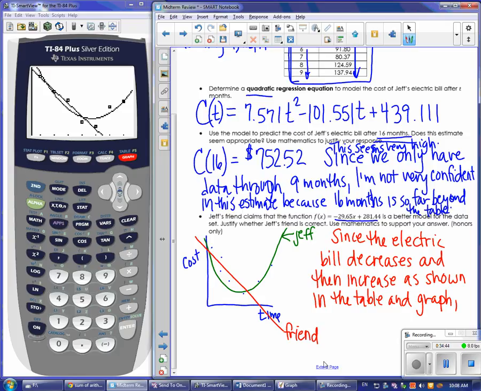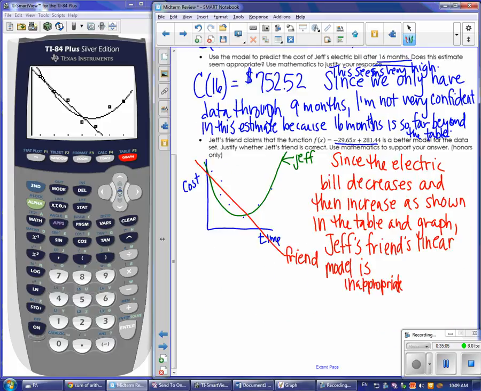And actually, I'm going to refer to Jeff's friend's linear model. And that's because it doesn't follow the trend of the data. And I'm even going to say the curved trend in the data.